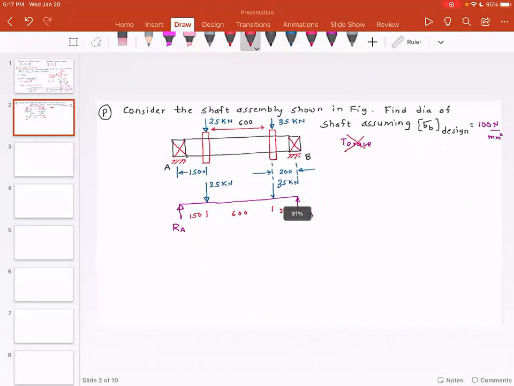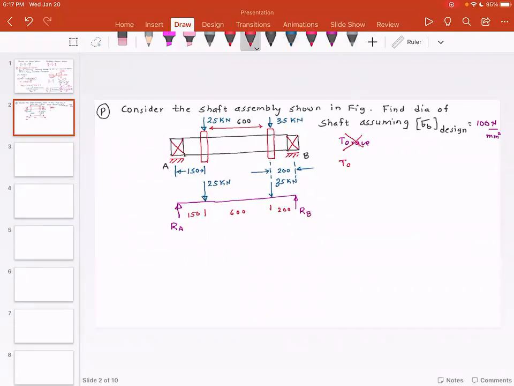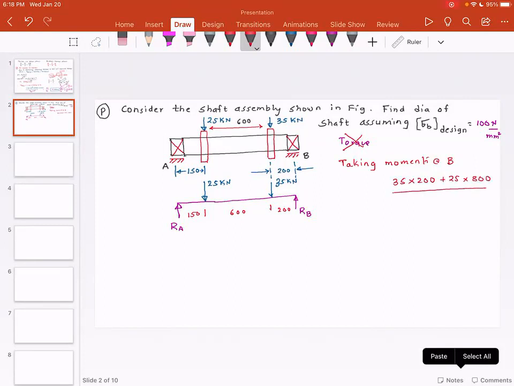So taking moments about B, I find 35 times 200 plus 25 times 800, divided by the total distance, which is 950.